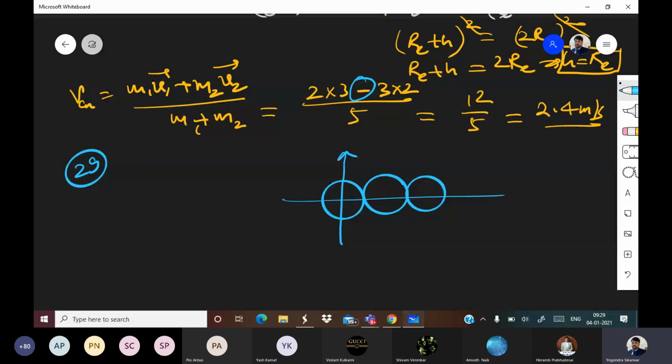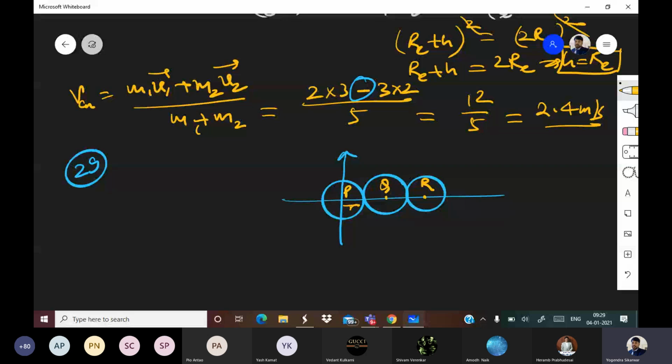Okay, so this is point P. This is point Q. And this is point R. Suppose you take the radius as small r.